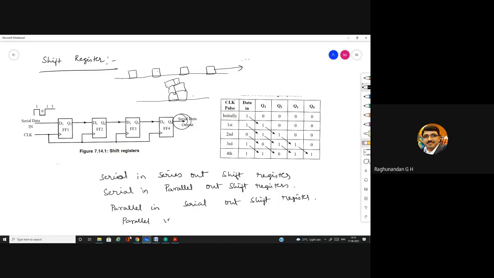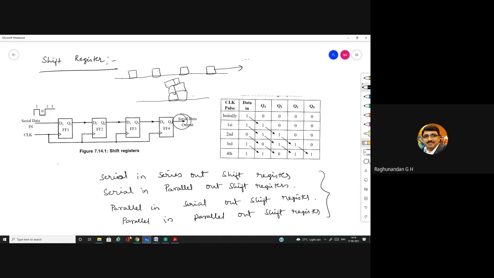And parallel in, parallel out shift register. So these are the four types of shift register we are having.